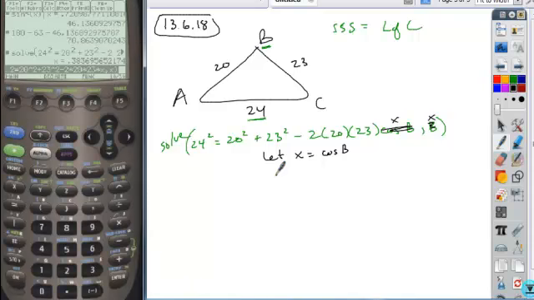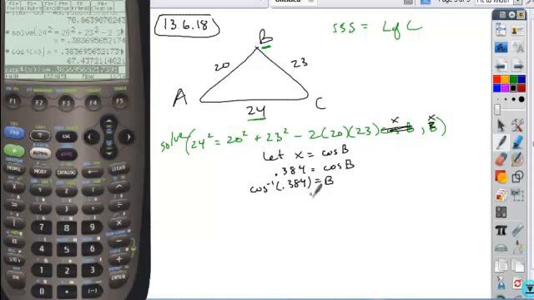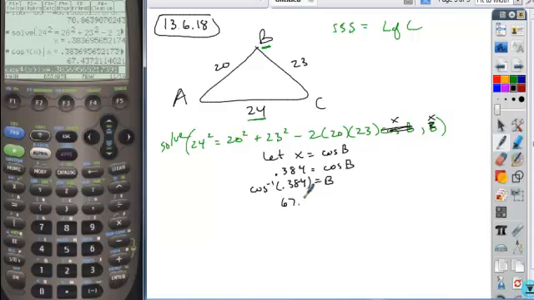It does give me a value between -1 and 1, which is what I was expecting to see. And so if I wanted to actually solve for B, I would take the inverse cosine of this ratio. So in completing this, the inverse cosine of x, use the width key when x is equal to that, gives me the angle 67.4.